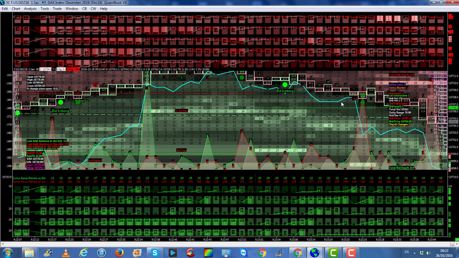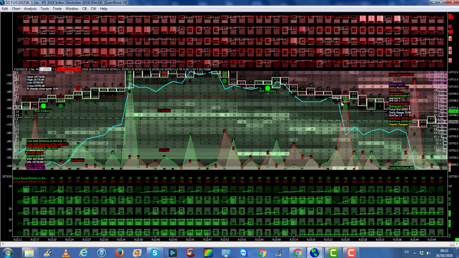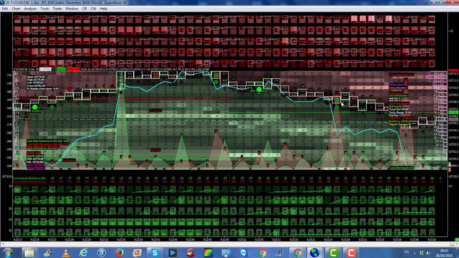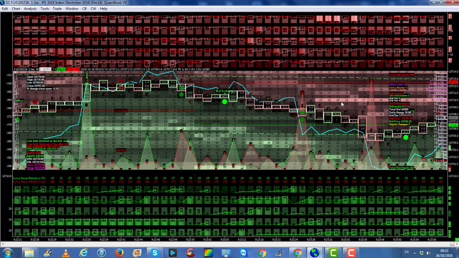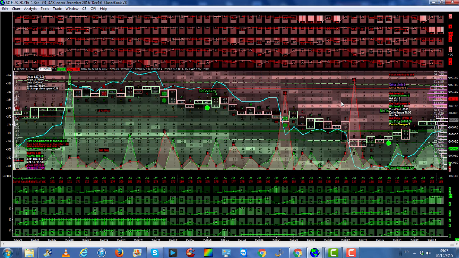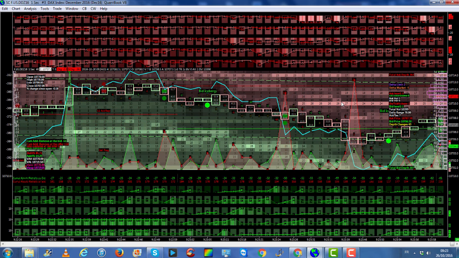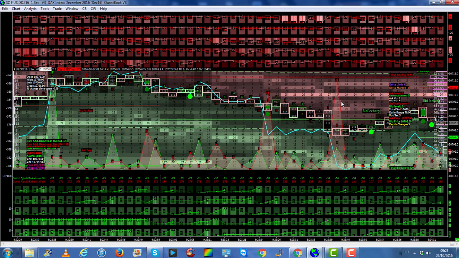So there are 3 different alerts which look very similar to each other, but they are not the same. I will try to explain the difference between the 3 alerts.